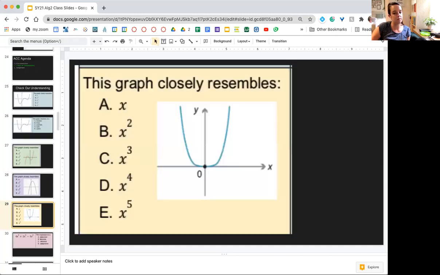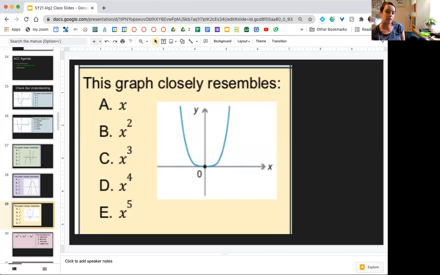All right, let's try this one. What do we got here? Is this graph x, x squared, x cubed, x to the 4th, or x to the 5th? Just x.